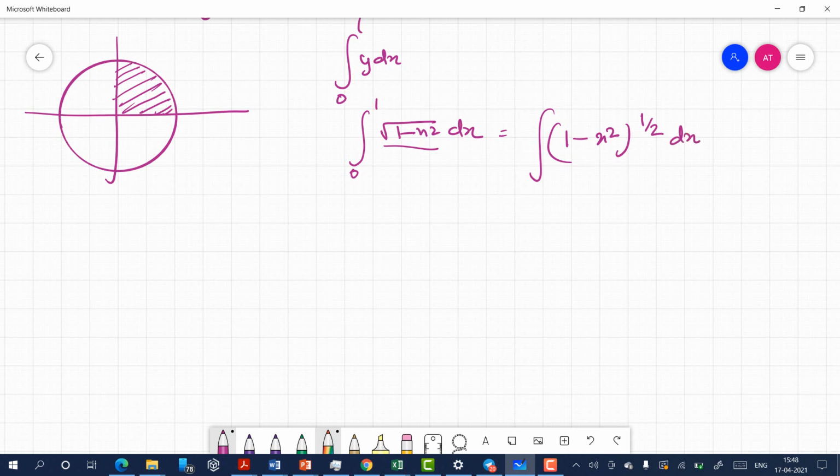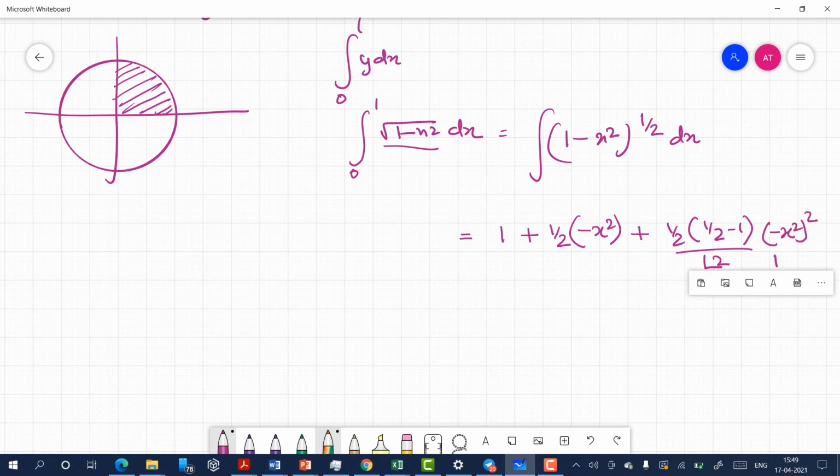This you can expand: 1 plus n, which is half, times x, which is minus x squared, and then n into n minus 1 divided by factorial 2 x squared, with x being minus x squared, so minus x squared squared and so on.